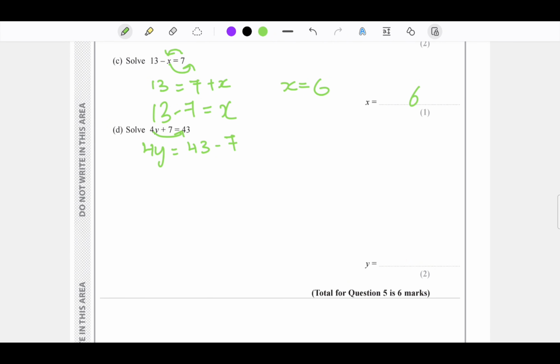Since this side is 4 times y, when 4 goes to the other side, it becomes divided by 4. So y would equal 43 minus 7 divided by 4. Y is going to equal 9. So that is the end of question 5.